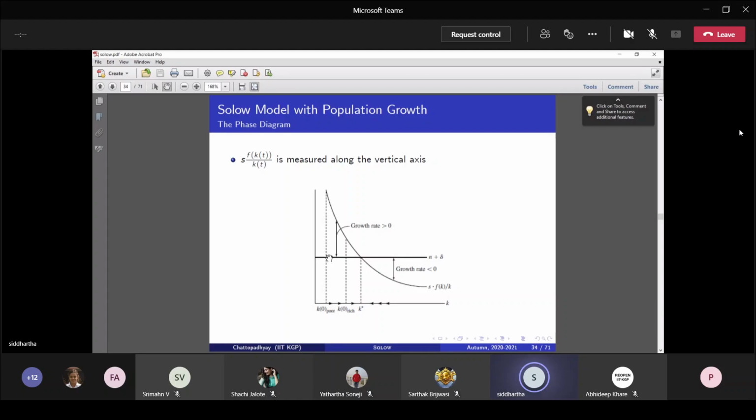The long run per capita capital stock growth rate is 0 because the difference between SF(K)/K and n plus delta is 0 when the economy reaches the steady state. But in the short run, the economy is reaching the steady state in the transition. As I said, this equation and graph say that the poor country is growing at a higher rate than the rich country. Any question, any clarification?